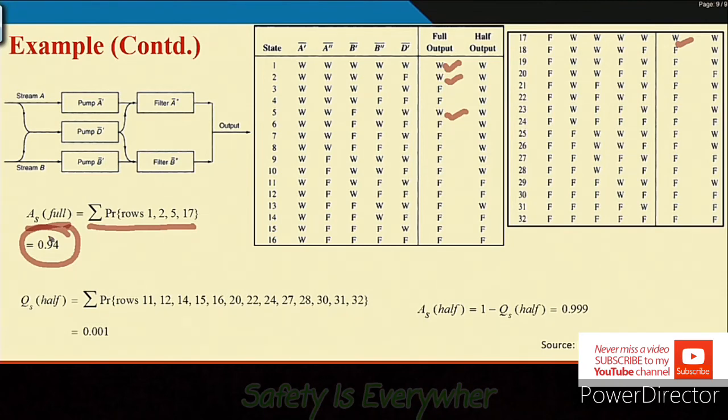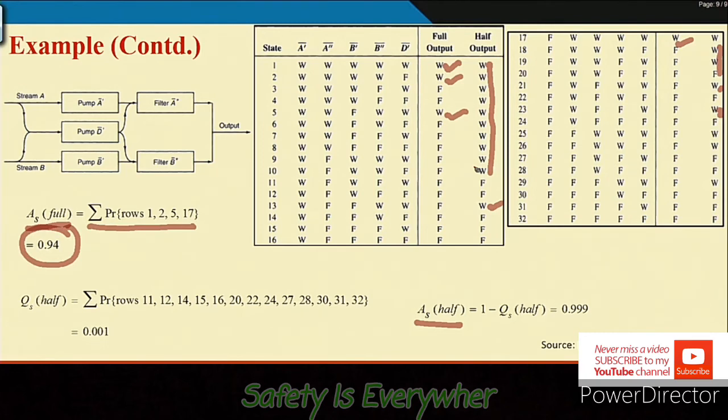Now similarly you will find out AS half. You see how many rows have W, plenty of rows have W. So you can find out each of those rows with corresponding probabilities, then sum up the row probabilities, if it is possible.